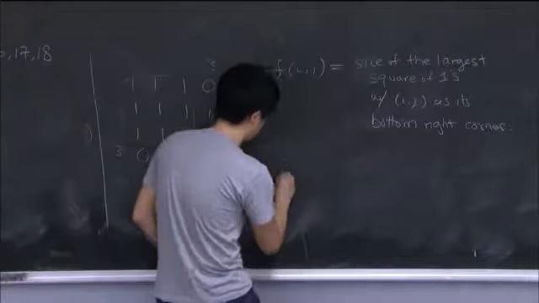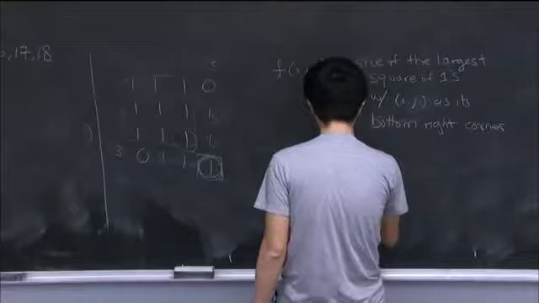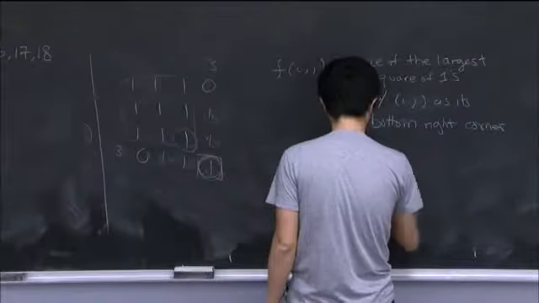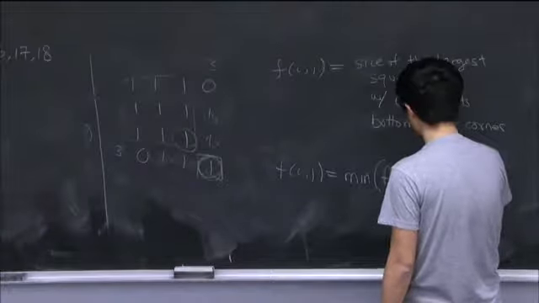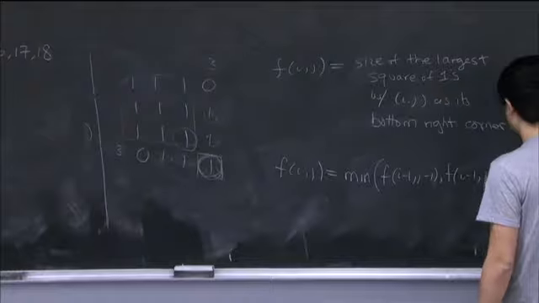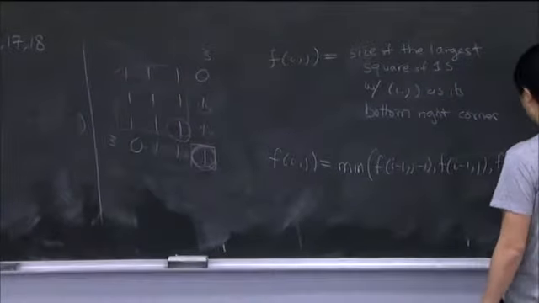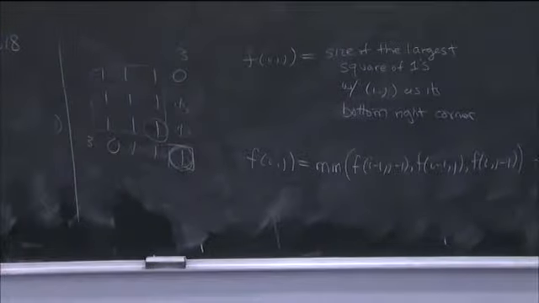The recurrence is f of ij is equal to the minimum of f of i minus 1 j minus 1, f of i minus 1 j, f of i j minus 1, and then whatever that is, I'm going to add 1 to it. Okay?